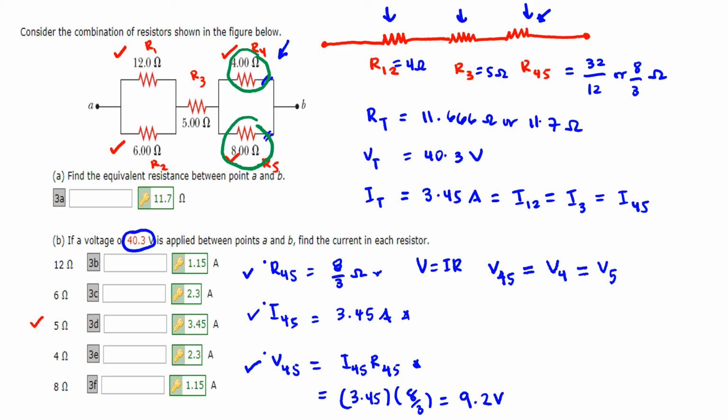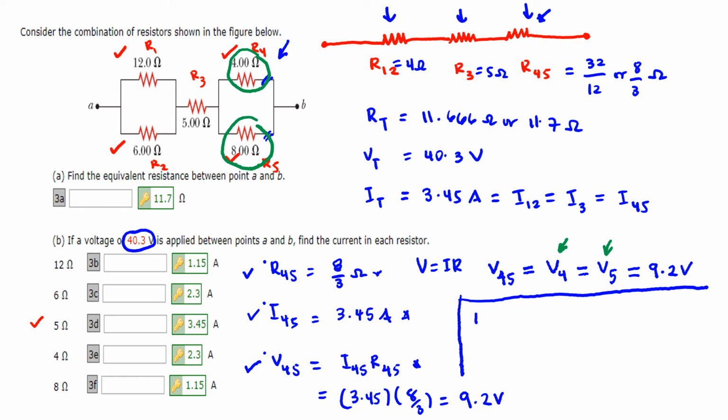So the voltage across each resistor is equal to 9.2 volts.